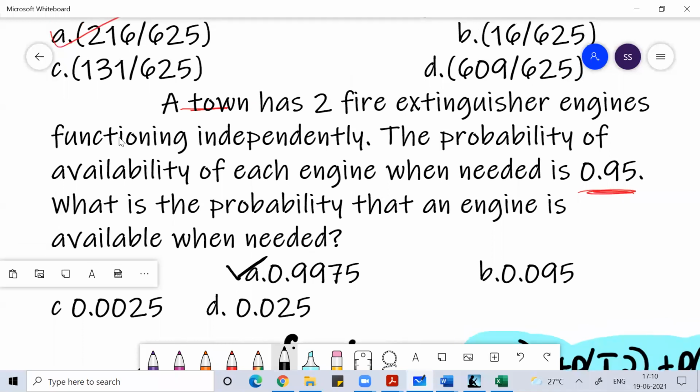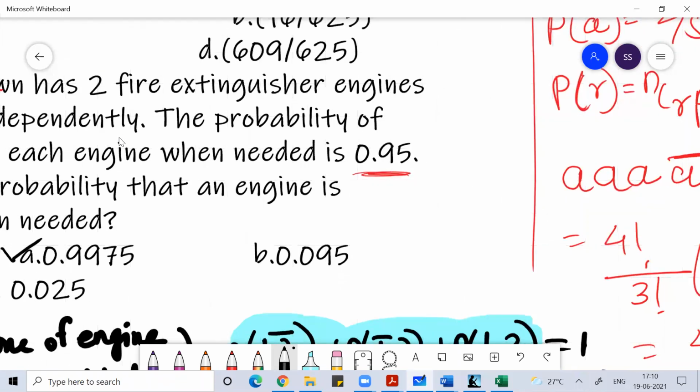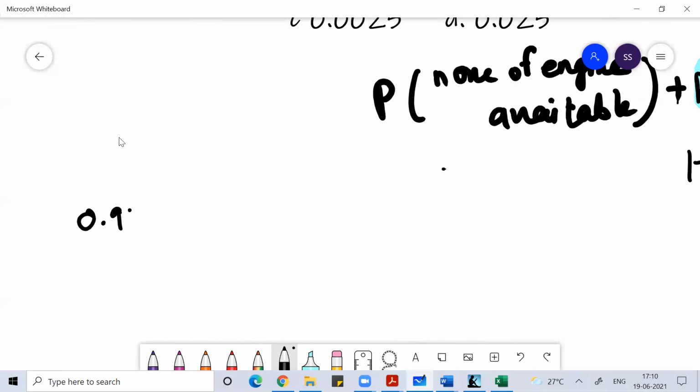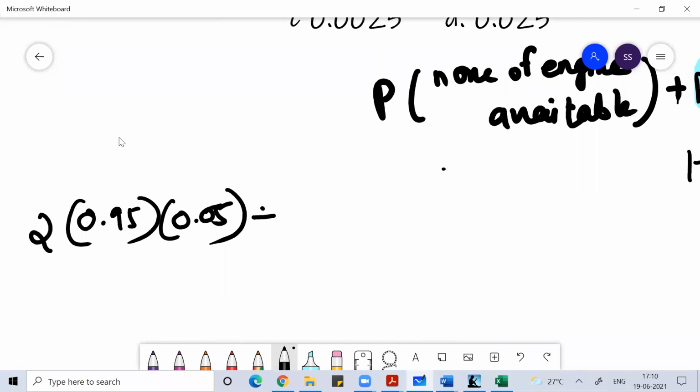You could have also done it as one is available and two is not available, or two is available and one is not available. You will get the same answer. One available is 0.95 and two not available is 0.05, and this can happen two times, plus 0.95 into 0.95. That is what they're asking: either one of the engines available or both engines available.